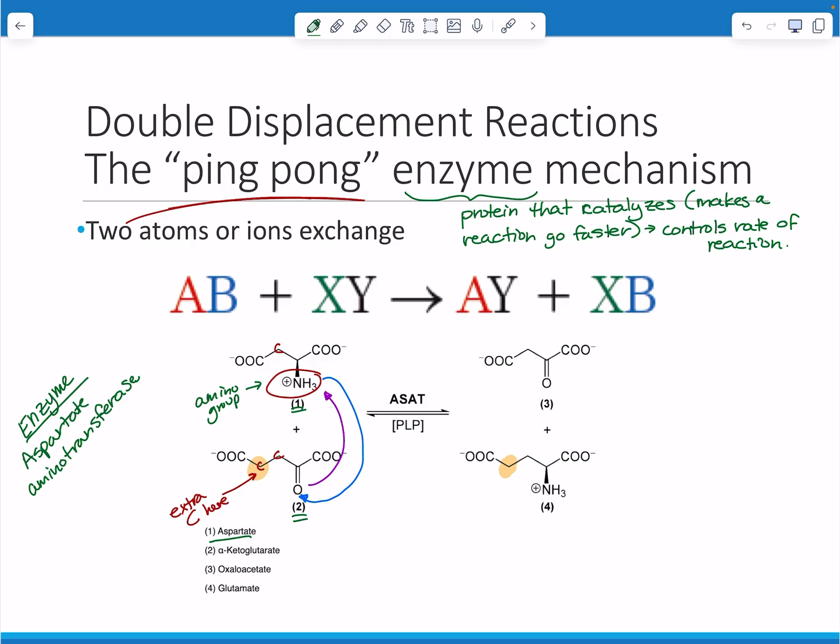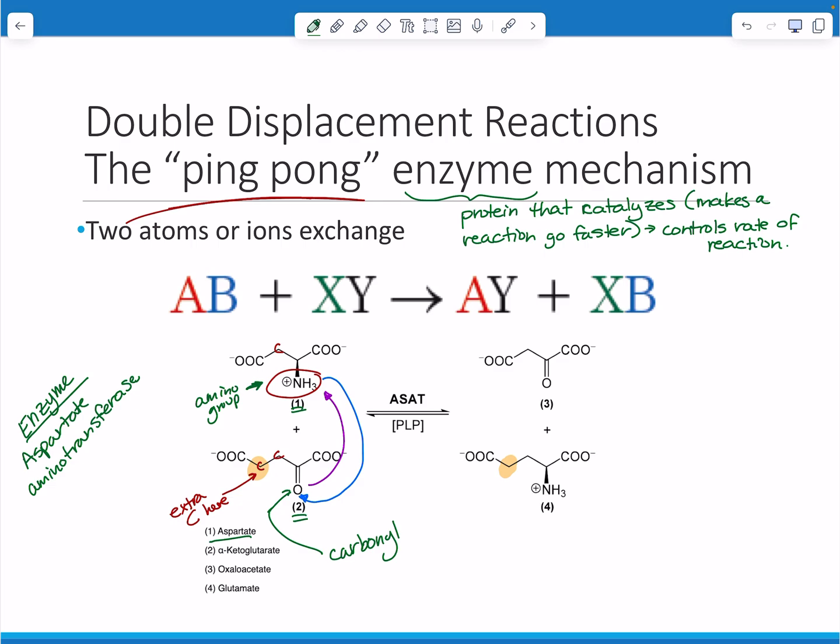This is called an amino group, and this group right here is called a carbonyl. These are just names for chemical features, chemical groups that we use in organic chemistry. So we're swapping the amino from the carbonyl, using this protein to help these two reactants form this product.